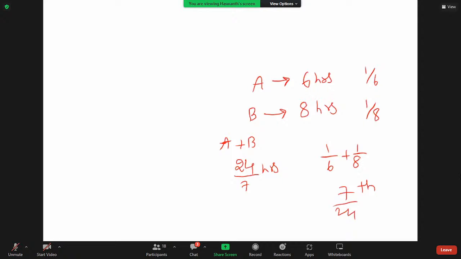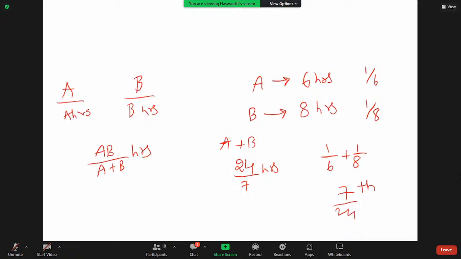Like in the direct questions, the formula which we employ is: if A takes A hours to complete a work and B takes B hours to complete a work, then time taken for work to get completed is AB by A plus B hours. So in direct questions, you can employ this formula.